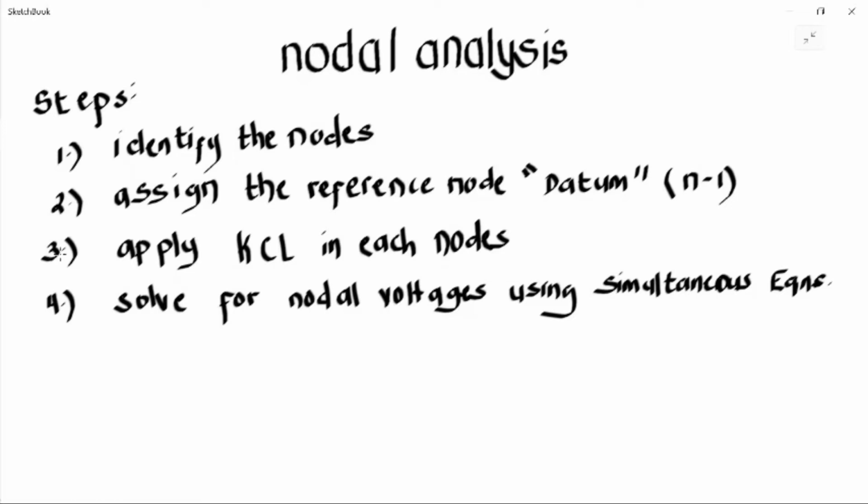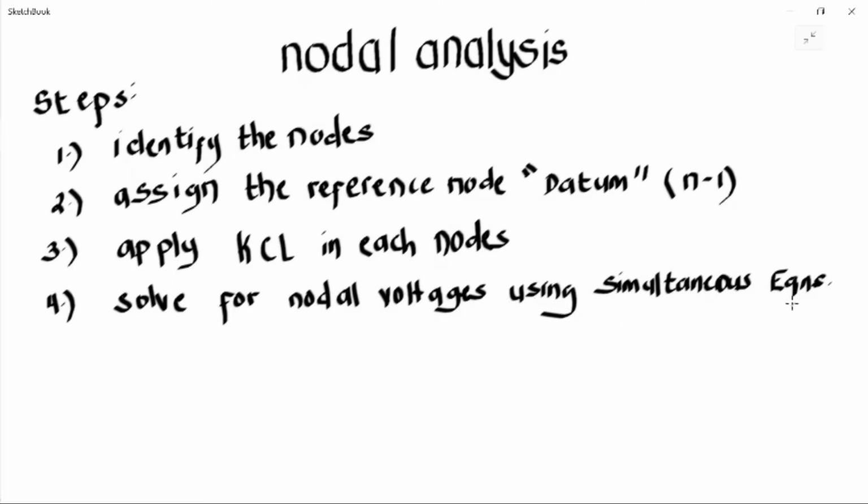And third step is to apply Kirchhoff's current law at each node so that we can solve for the voltage at the nodes. And lastly is to solve for the nodal voltages using simultaneous equations.